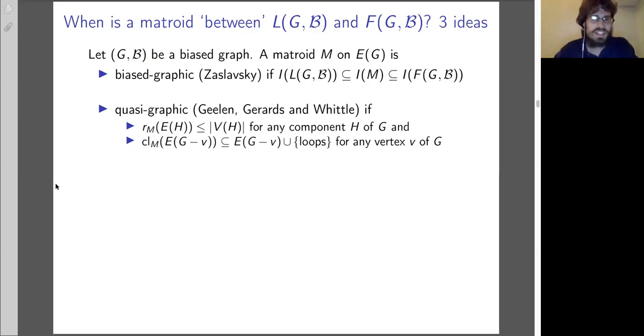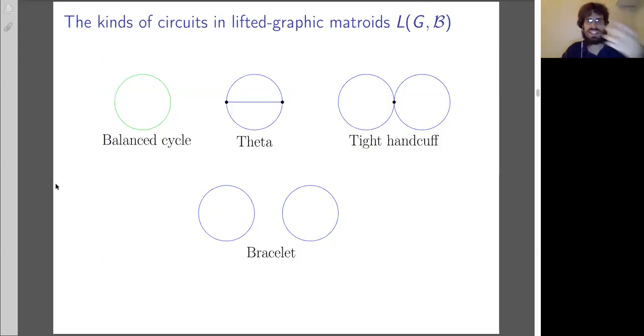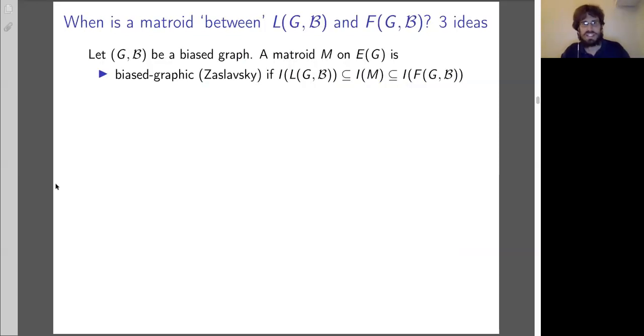Okay, and this second property is also fairly straightforward. So this says, if I take a vertex and I take an edge going from that vertex to the rest of the graph, then that's not spanned by the set of edges amongst the rest of the graph. And that's combinatorially easy to see if you look at these different kinds of circuits that can arise in the frame matroids or in the lifted graphic matroids: none of them will be able to span an edge from a vertex to the rest of the graph using only edges in the rest of the graph.